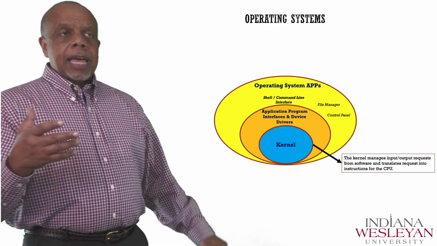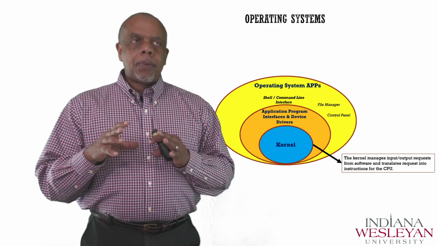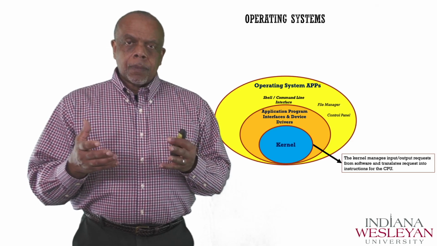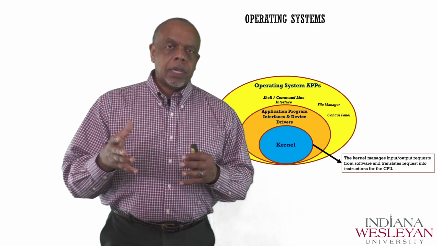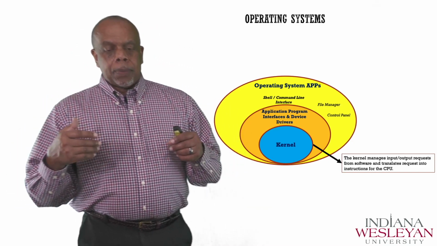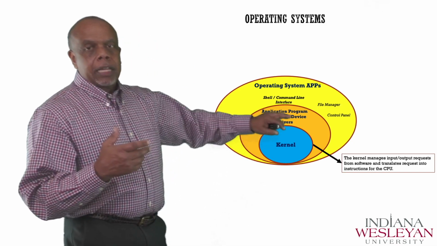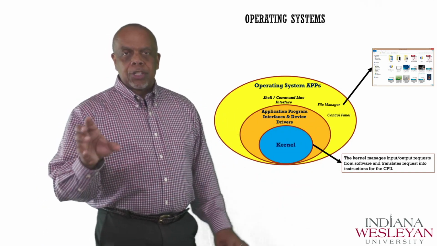And then on the outside layer of this operating system, we have what we call operating system applications. When we talk about operating system applications, please don't confuse these with user applications. There's a fundamental difference. For instance, your control panel is actually an application.